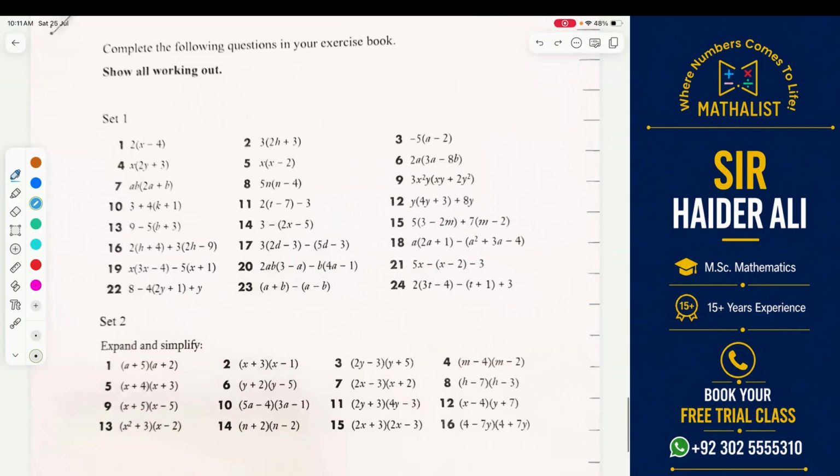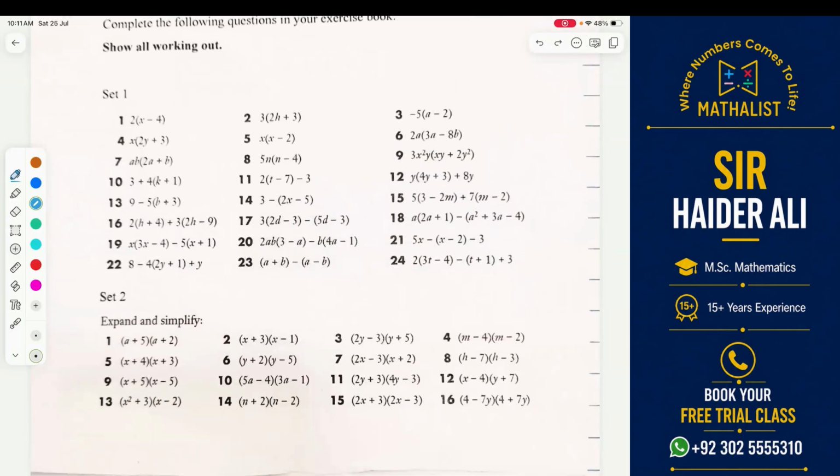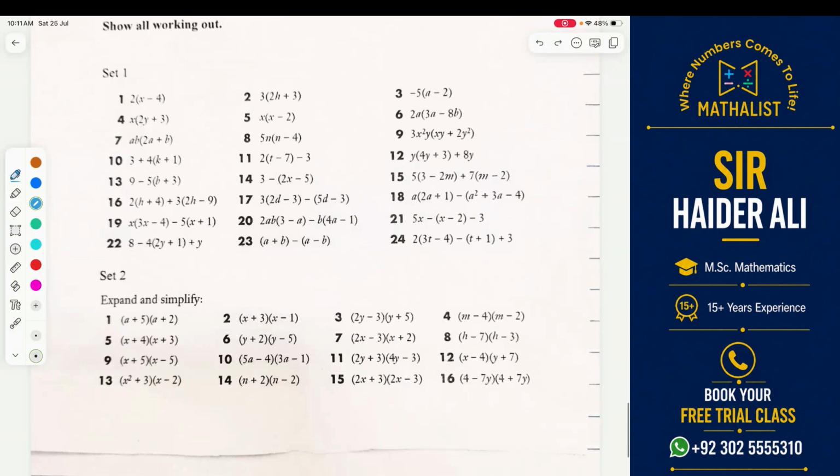Complete the following questions. I think it just expand the brackets, right? Like here, a plus b minus a plus b is 2b answer. 2y multiplied by the whole term, then minus a multiplied the whole term.